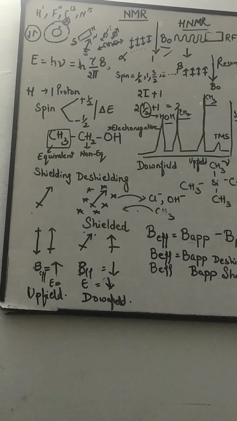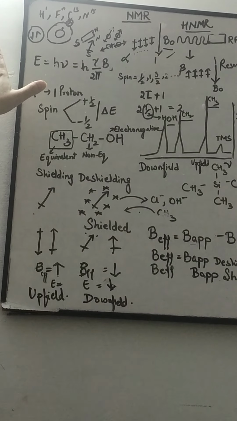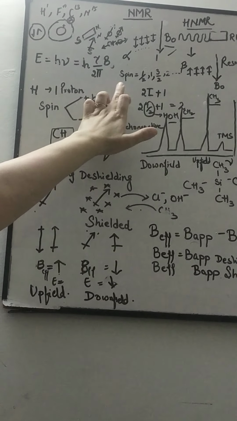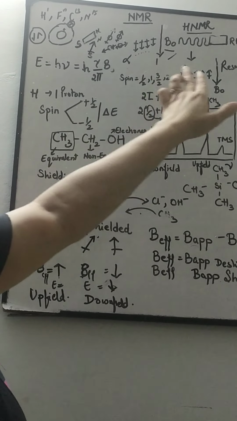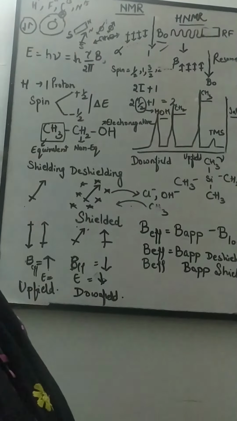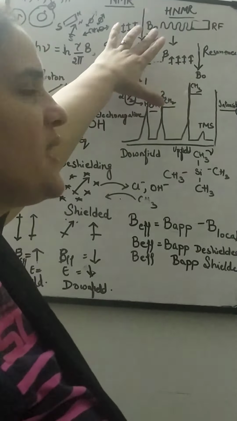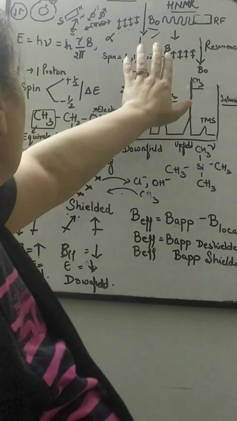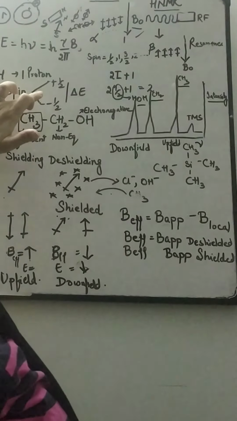Similarly, like these electrons which are in different spin states, the nuclear particles also depict certain spin states. They can be half, 1, 3/2, and all these particles which have these spin states are referred to as paramagnetic particles. Now we know once this resonance condition is achieved, these are the spin states, plus half and minus half.